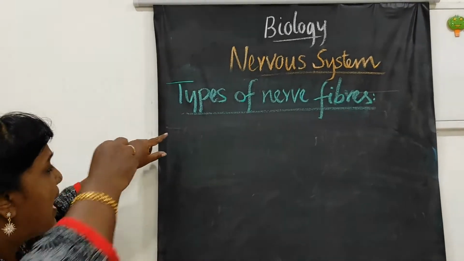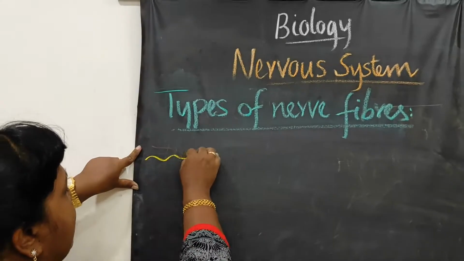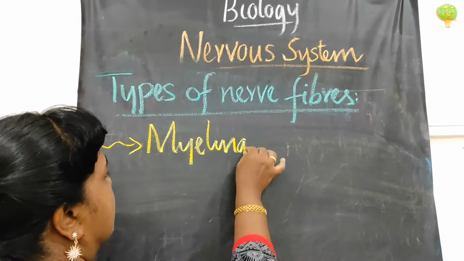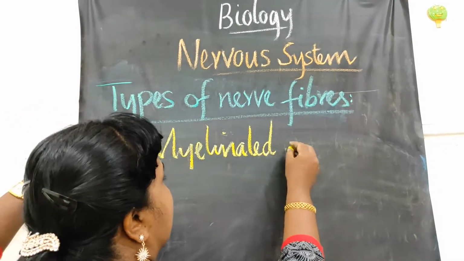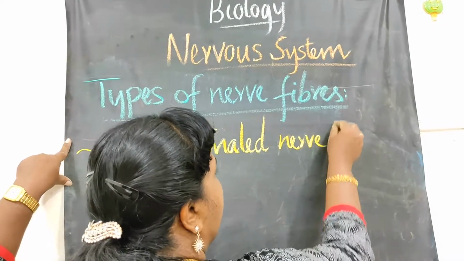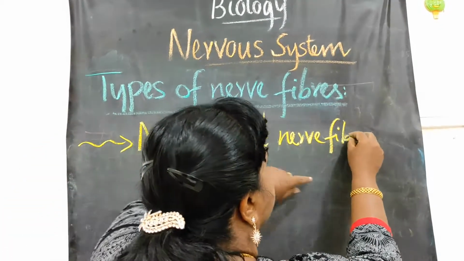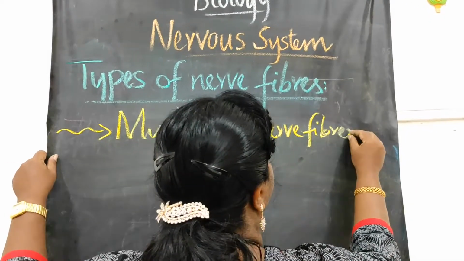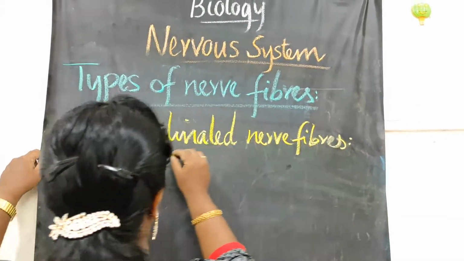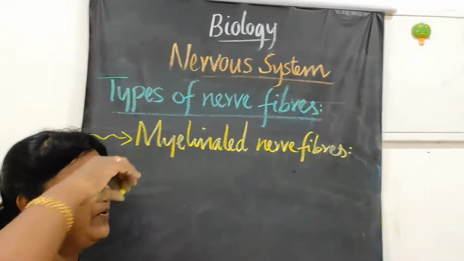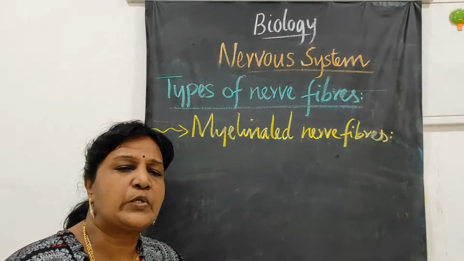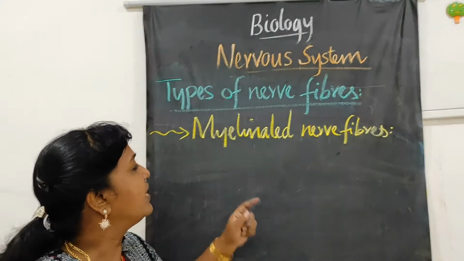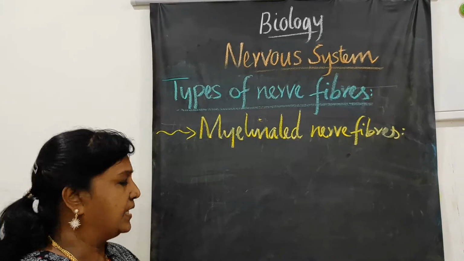The first one is myelinated nerve fibers. From the name, what are you coming to know? Yes, the neuron is covered with myelin sheath.